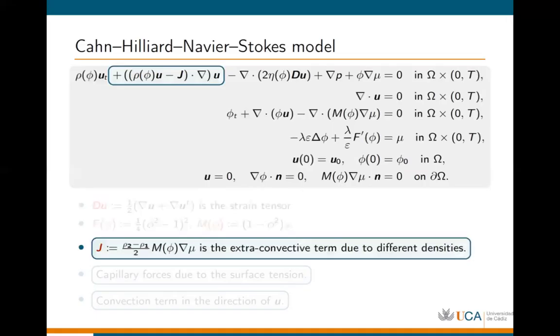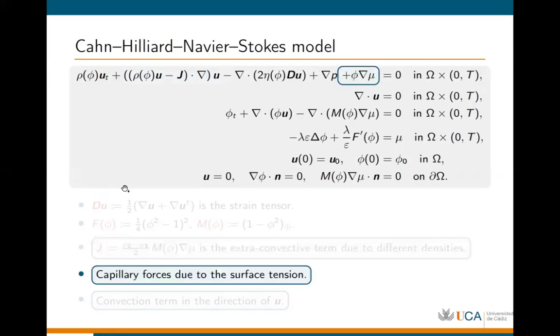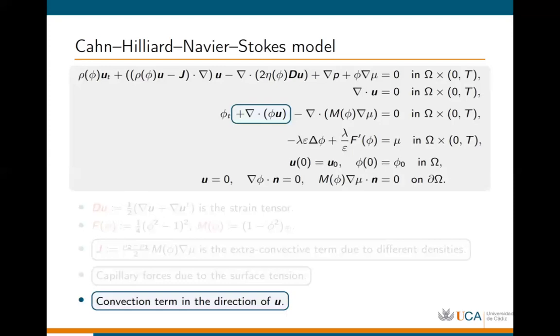We have this term J that is due to the different densities; if you consider the densities of the two fluids to be equal, this term vanishes. We have another term related to the capillary forces that appear due to the surface tension. And we have a convection term in the Cahn-Hilliard equation that moves the interface in the direction of the velocity of the mixture.